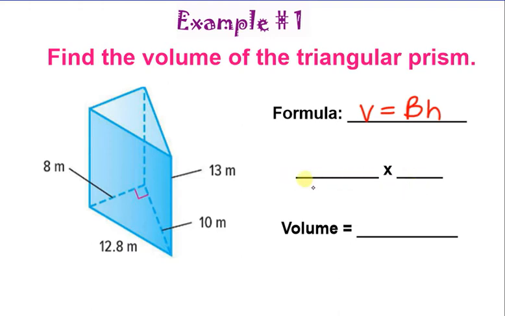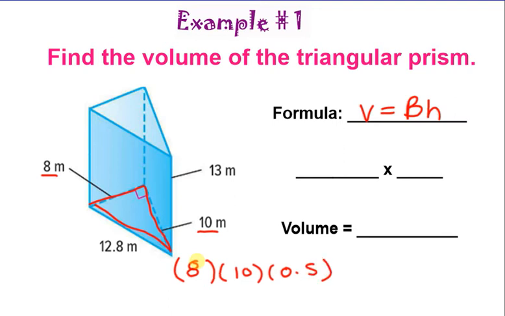The first one is going to be our capital B, which is the area of the base here. Now, we have 8 times 10 times 0.5. When you put that in your calculator, you're going to get 40, times the height of the entire prism.